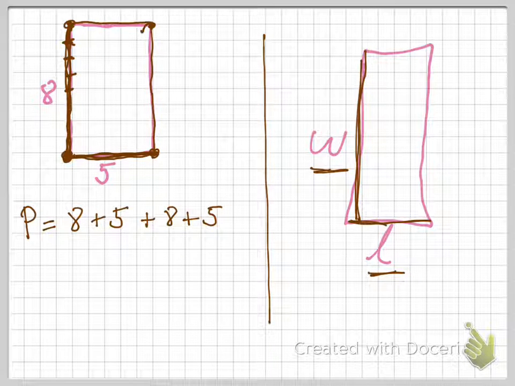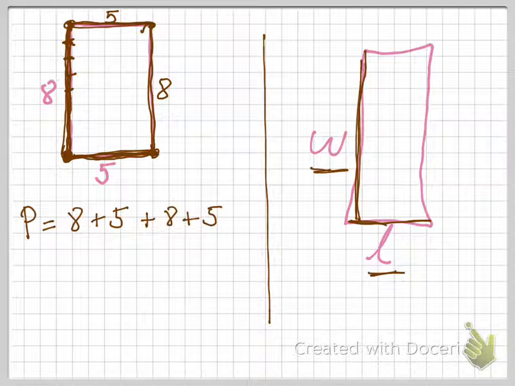So what we should do is put a 5 up here and an 8 on this side, because this side is equal to this side and this side is equal to the top side.